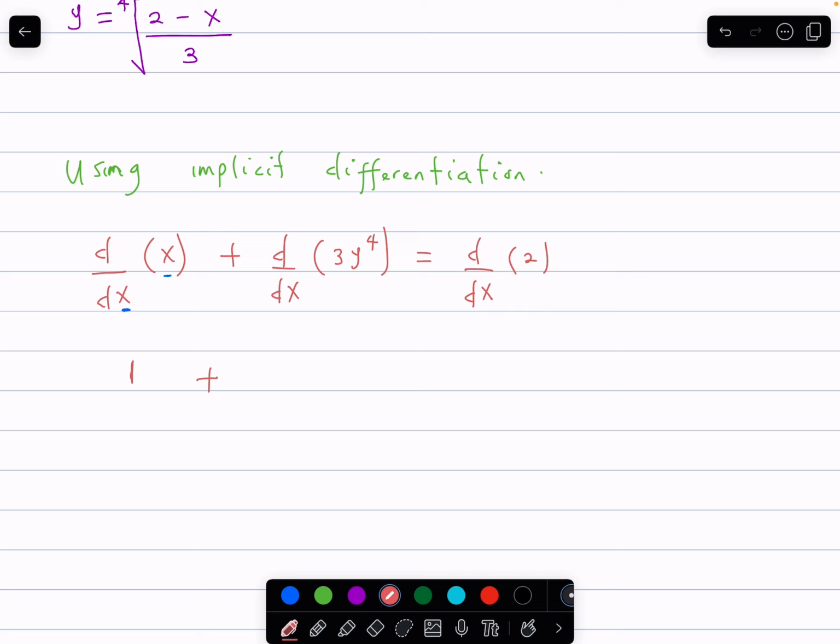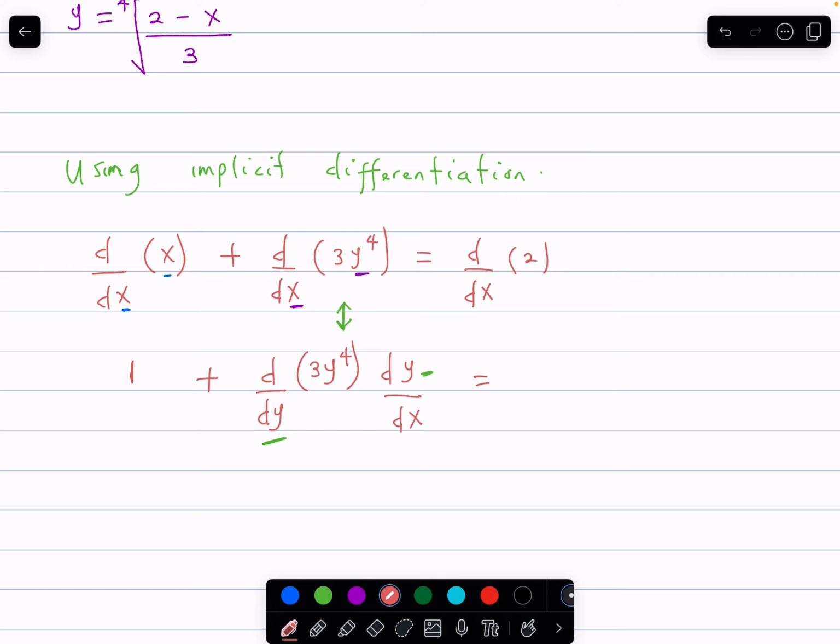You might not be able to take the derivative that way because the variable here is x and the variable here is y. They don't match, so I have to make the variable match. So this is d/dy of 3y to the power of 4 times dy/dx. Once again, they're exactly the same, because if I divide the dy in the denominator and the dy here, I'm back to what I have.